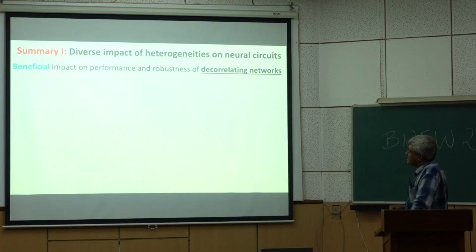Just to summarize this part of it, we found that in decorrelating networks, both in terms of channel decorrelation and pattern decorrelation, heterogeneities had a beneficial impact on performance and robustness.